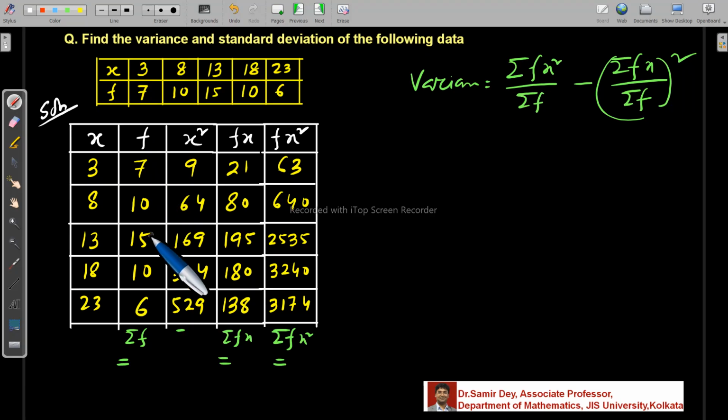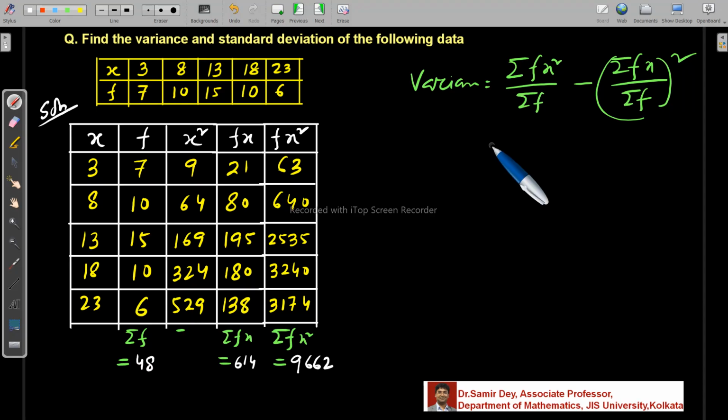Now if I add all together of f, it is coming 48. Please check it. If I add all together of fx, it is coming 614. If I add all together of fx square, it is coming 9662.